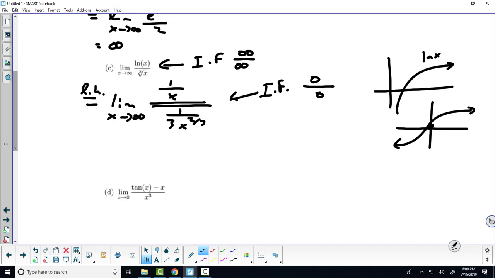Okay. So don't write this down. I'll apply L'Hopital's rule again. We get the limit as x approaches infinity of minus 1 over x squared, all divided by, holy cow, minus 2 over 9x to the 5/3 when you apply L'Hopital's rule again.